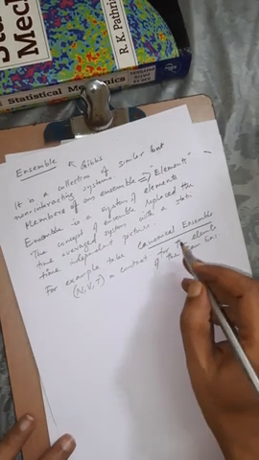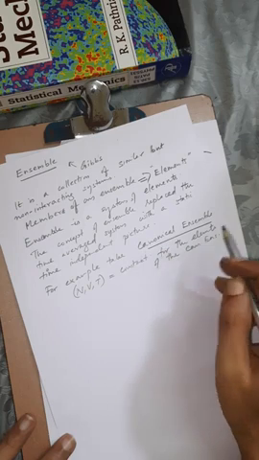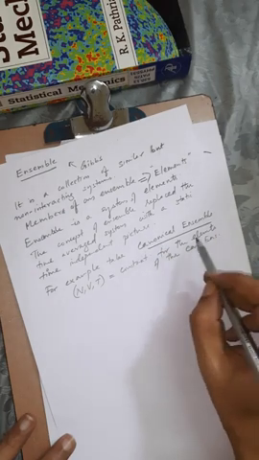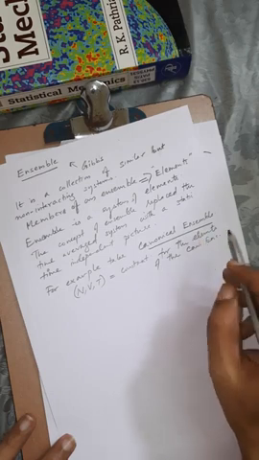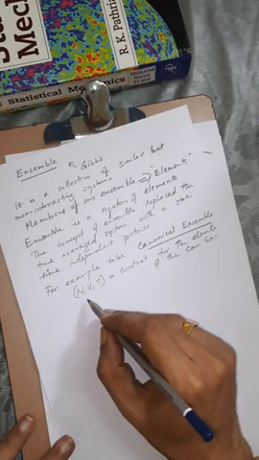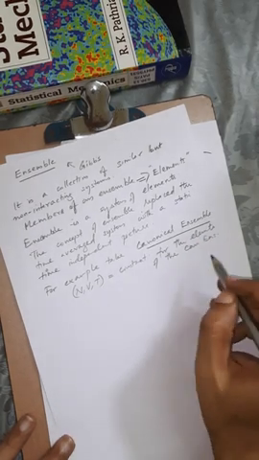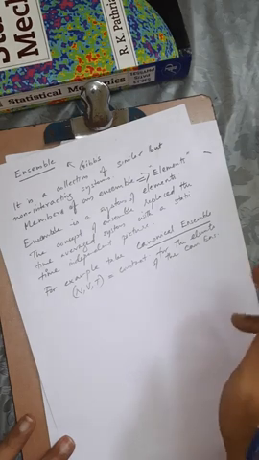So basically, for the elements of a canonical ensemble, NVT is a constant.